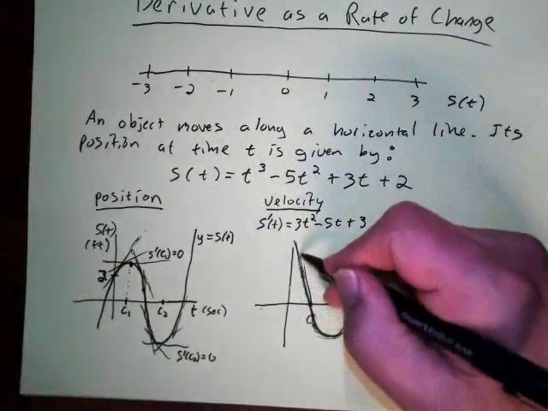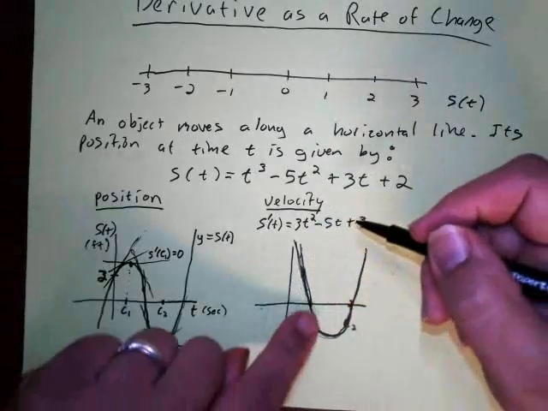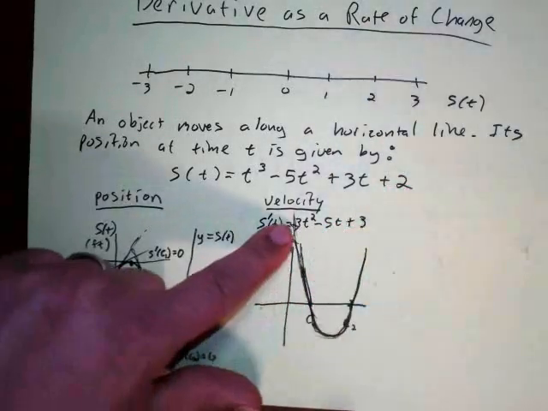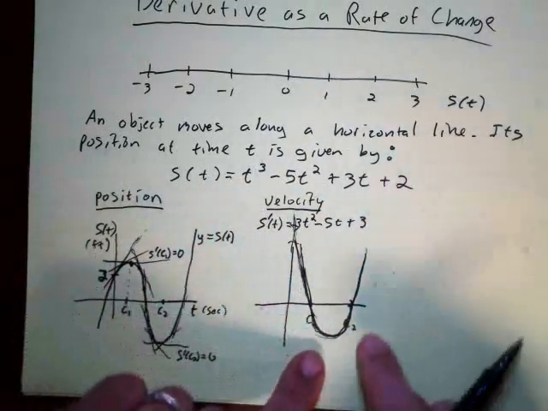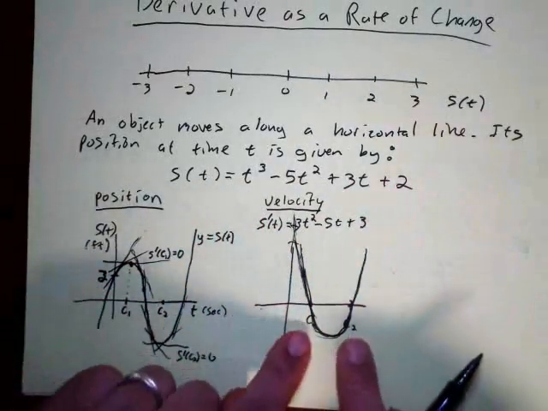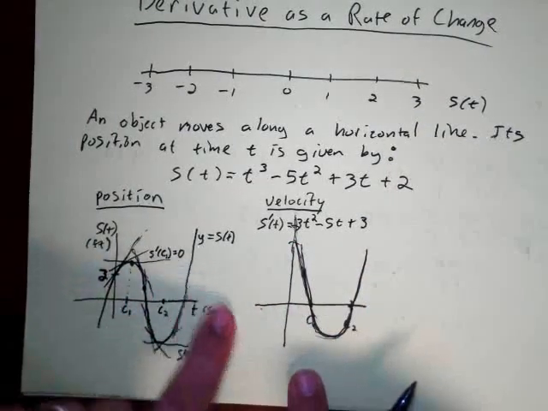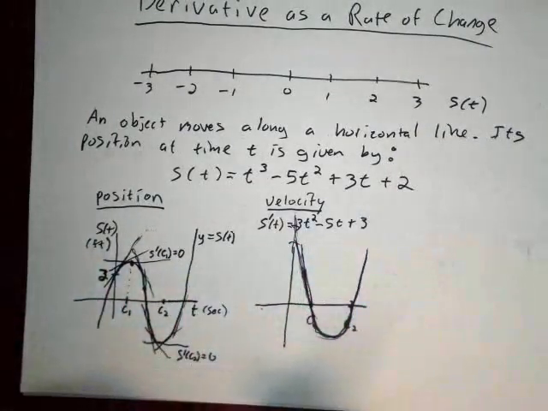It's a quadratic equation. The reason this looks so funny is I was trying to get this to cross the graph at 3, so 3 must be way up there. But this is a parabola, a quadratic equation.